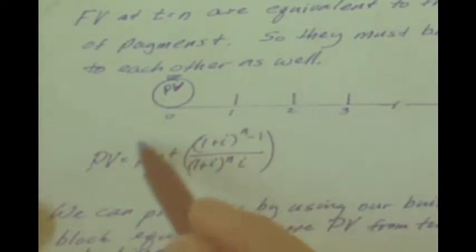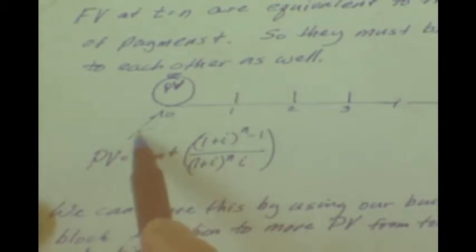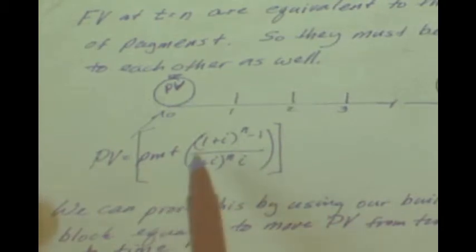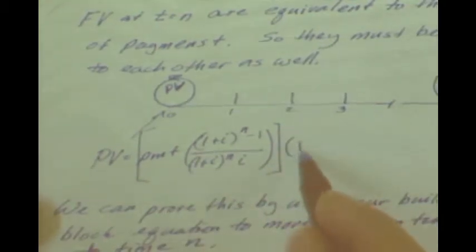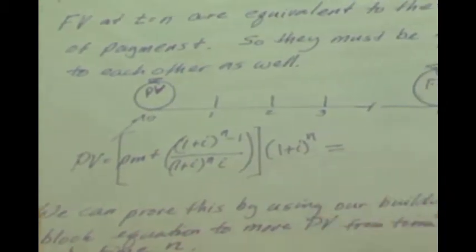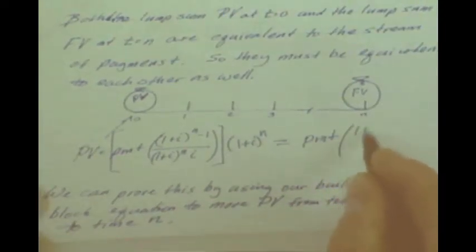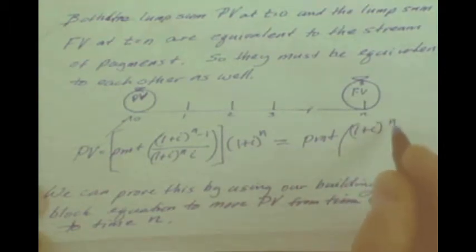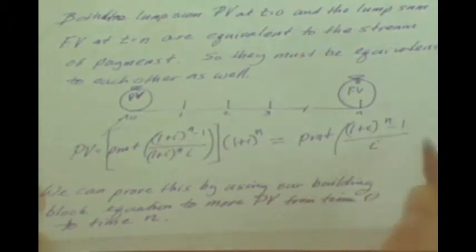And if I take this lump sum amount and want to move it from here to here, I'll simply go to my building block equation, present value times 1 plus i to the nth, and it should be equal to my future value, the equation for which is payment times 1 plus i to the nth minus 1 over i.